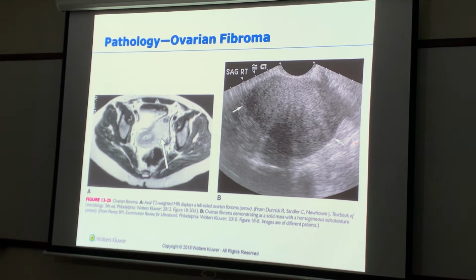But look at this. I have posterior enhancement over here, but I don't have posterior enhancement over here. I have posterior shadowing over here. So something's going on here because I use my artifacts to help me make a diagnosis.